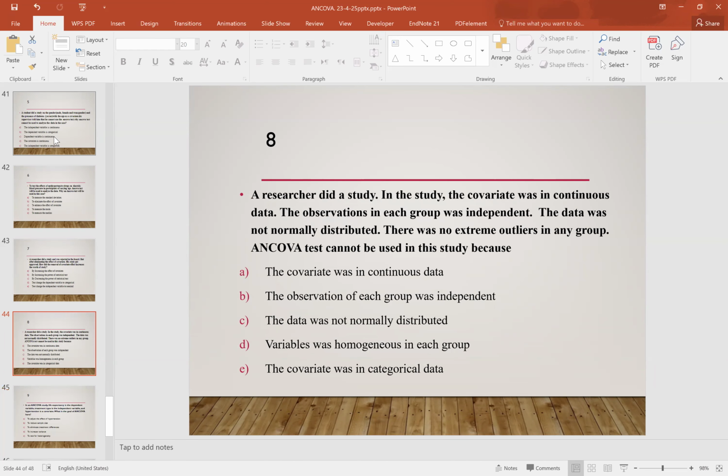A researcher did a study. In the study, the covariate was continuous data. The observations in each group were independent. The data was not normally distributed.